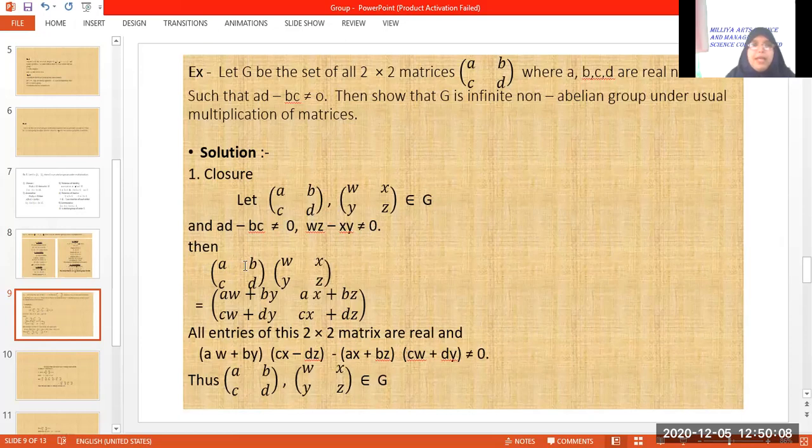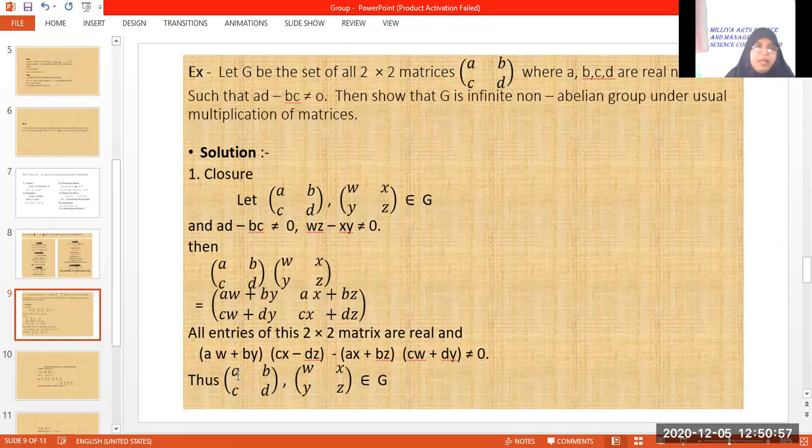Then the multiplication of these matrices A, B, C, D and W, X, Y, Z has first row, first column element A into W plus B into Y, and second element A into X plus B into Z. Next is C into W plus D into Y, and the fourth element is C into X plus D into Z. All entries of these 2 by 2 matrices are real, and the condition AD minus BC is also satisfied, that is the determinant of the product is not equal to 0.